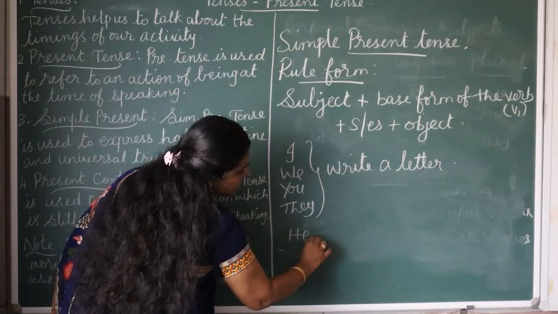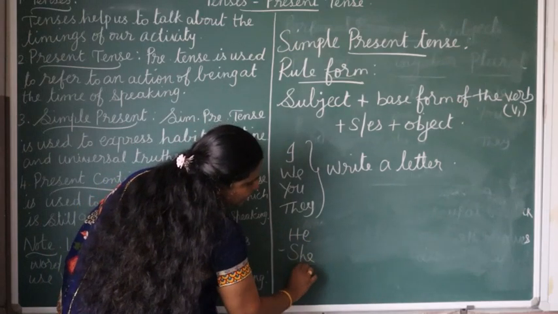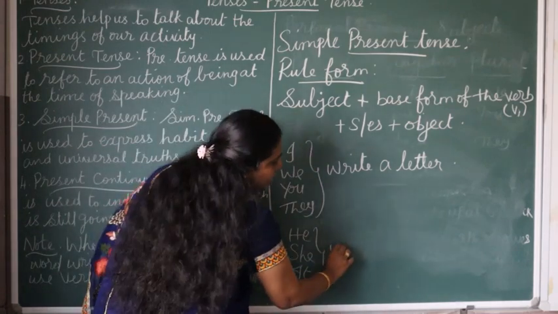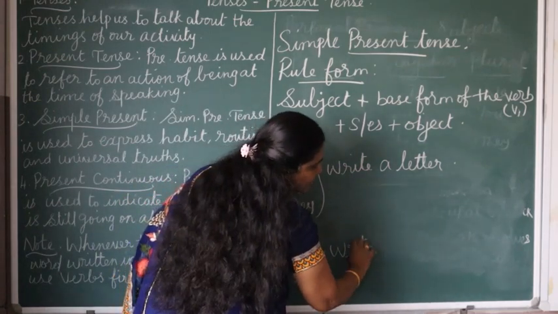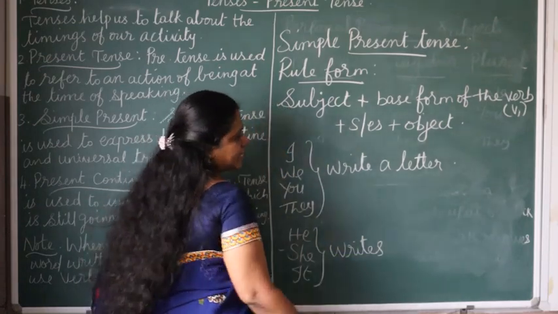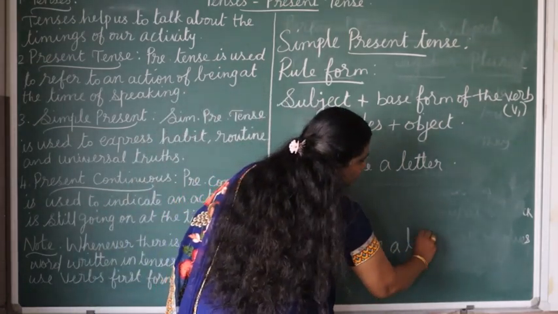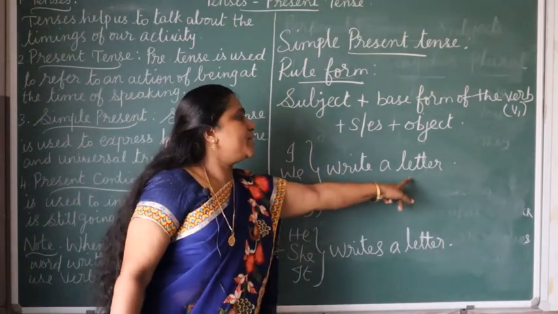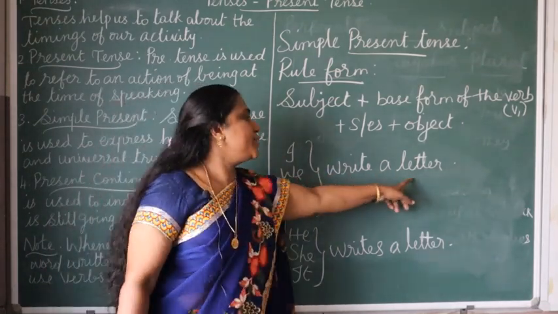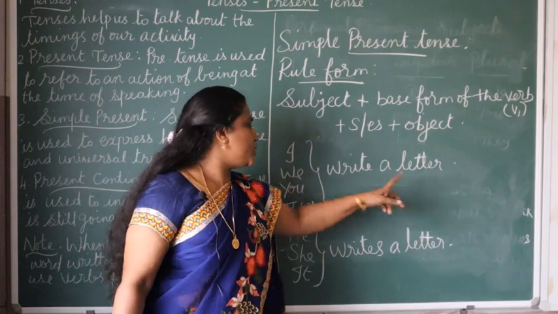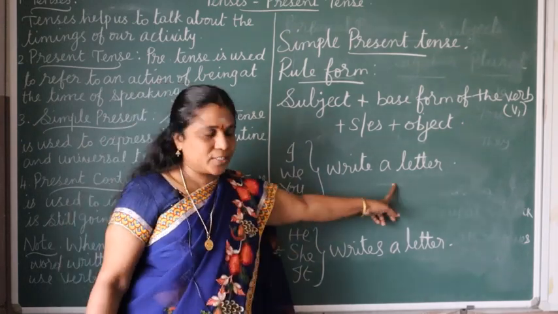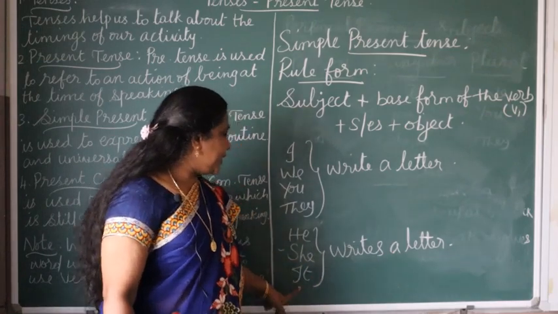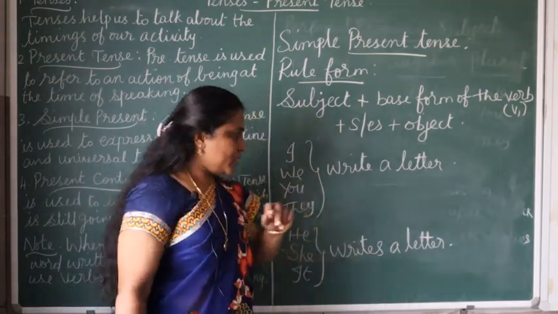If the subject is third person singular, he, she, it, we add es with the present tense. So I write a letter, we write a letter, you write a letter, they write a letter, he writes a letter, she writes a letter, it writes a letter.